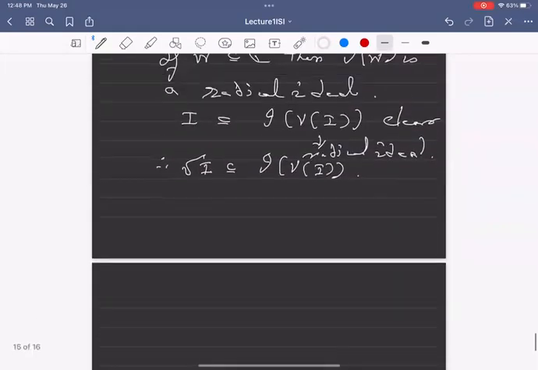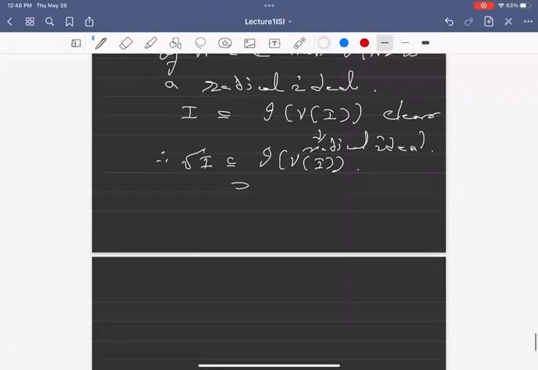So I want to prove the other side now. I want to take a polynomial in the ideal of the variety of I and show that it is contained in the radical of I, which means some power of it is there. So I will prove the contrapositive.